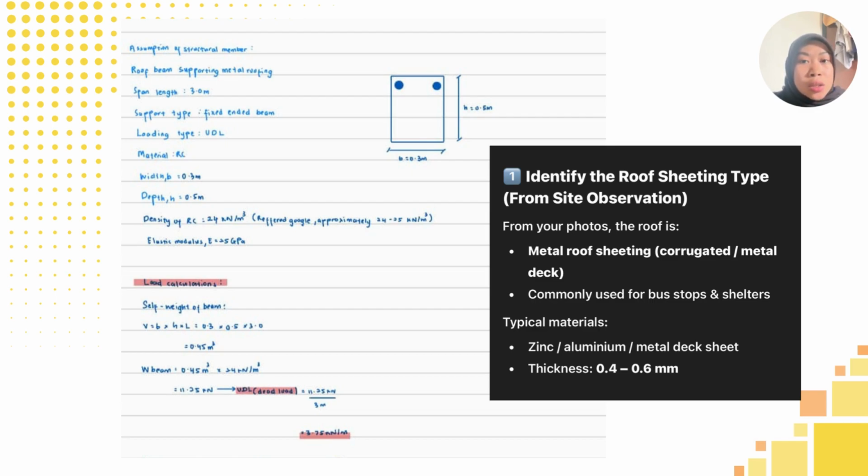So I convert it to a UDL, which is the dead load, from 11.25 kilonewton divided by the length of the beam, which is 3 meter. I got 3.75 kilonewton per meter.